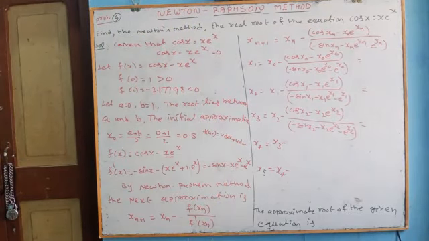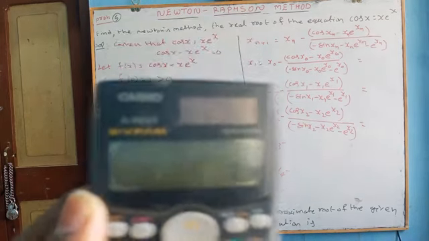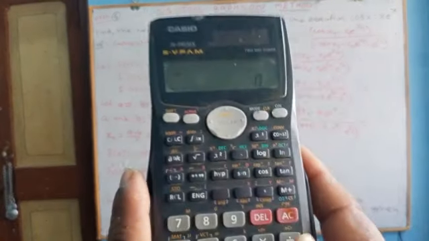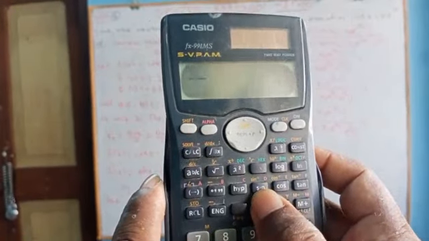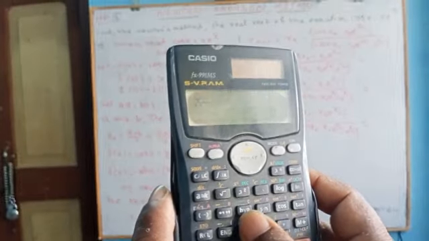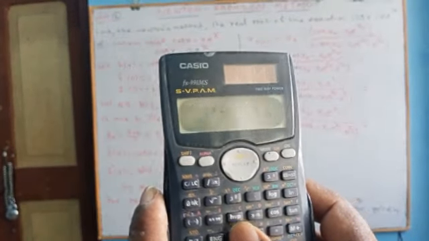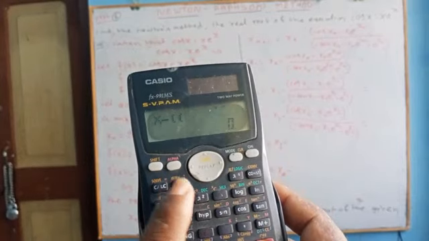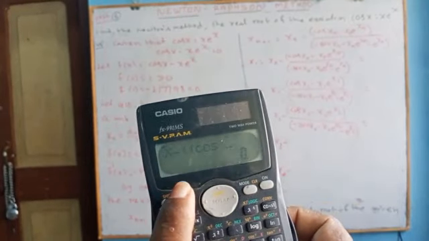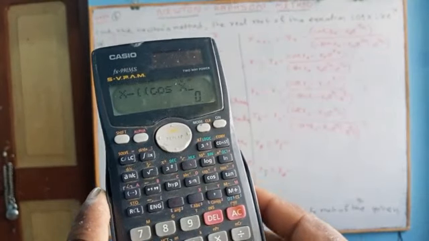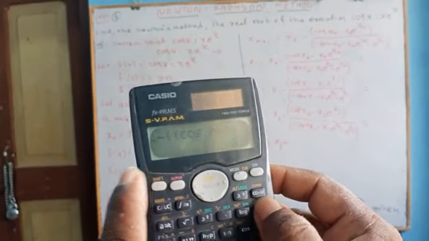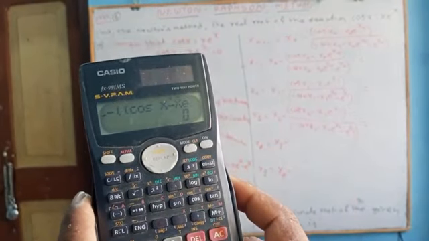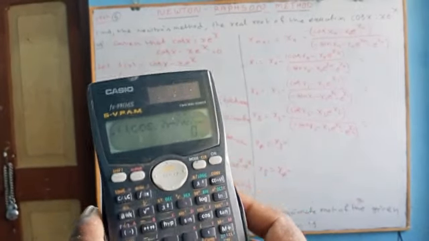What is the equation? X naught minus, for fraction bracket is open, for numerator bracket is open, cos x minus x e power x.